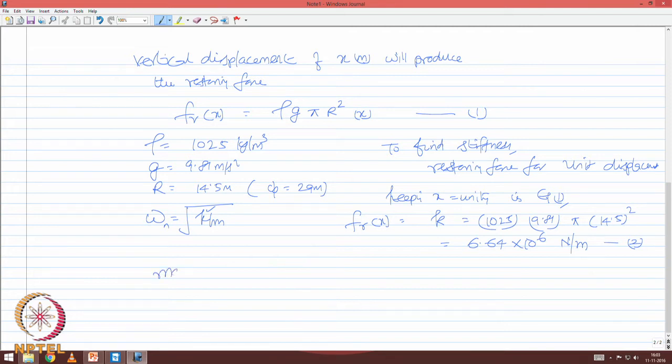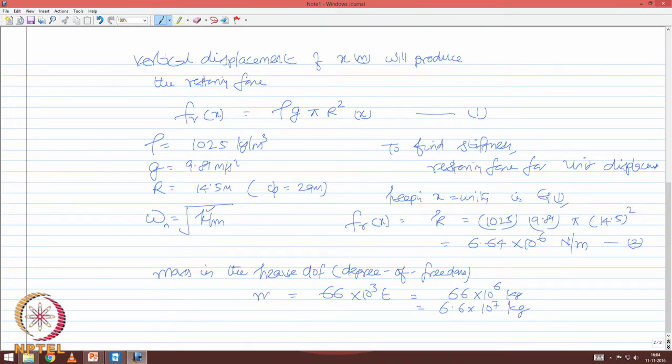Mass in the heave direction, DOF stands for degree of freedom, is given as 66 10 power 3 tons, which is 66 10 power 6 kg, 6.6 10 power 7 kg.